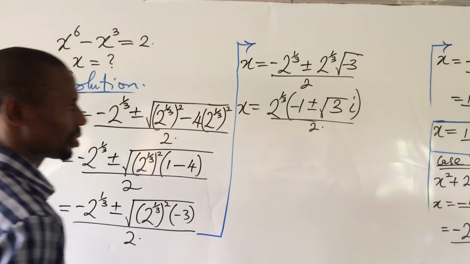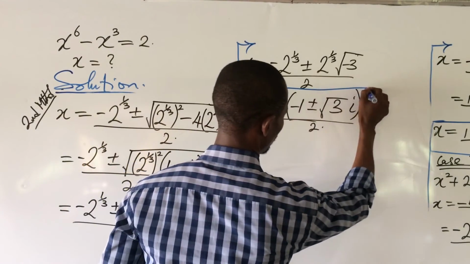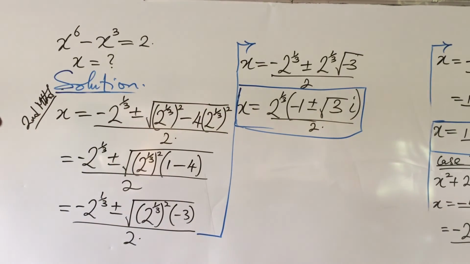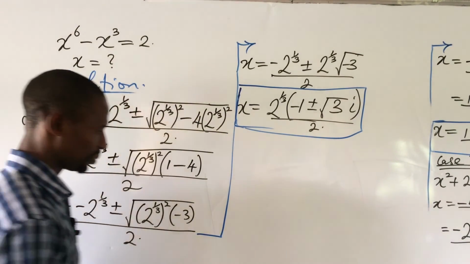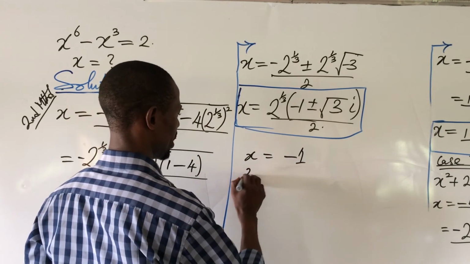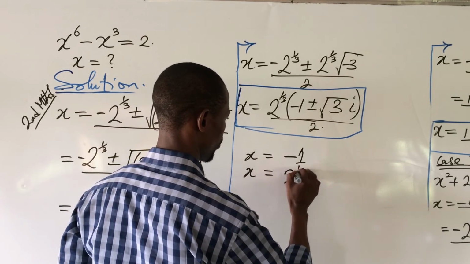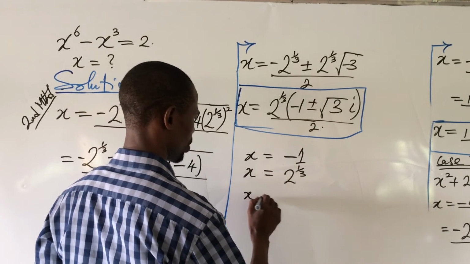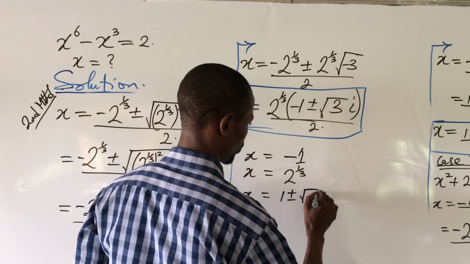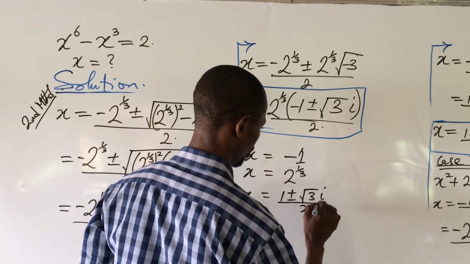And so we can bring out all the 6 roots or the 6 zeros to this exponential equation. If we have to bring all of them out, root number 1, x equal to minus 1, the first one. Second one, x equal to 2 to the power of 1/3. The third one, we have (1 plus or minus the square root of 3i) all over 2.